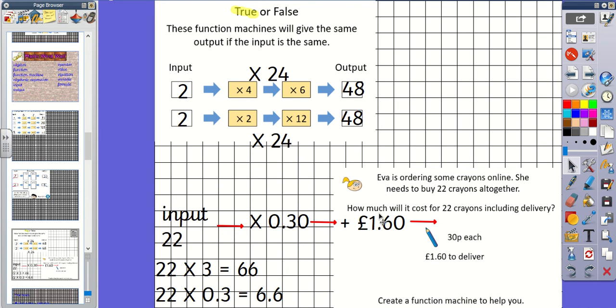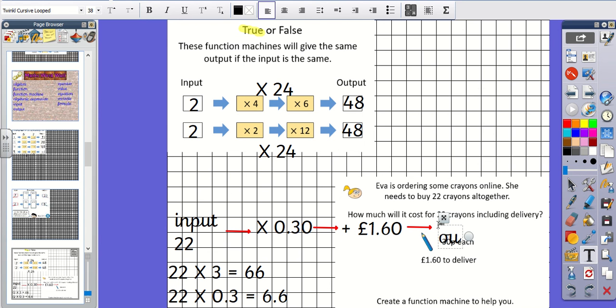We then need to add on £1.60 to £6.60, which is going to give our output of £8.20. There we go. So that's your function machine to help you answer those questions. So always use the information that you are given.